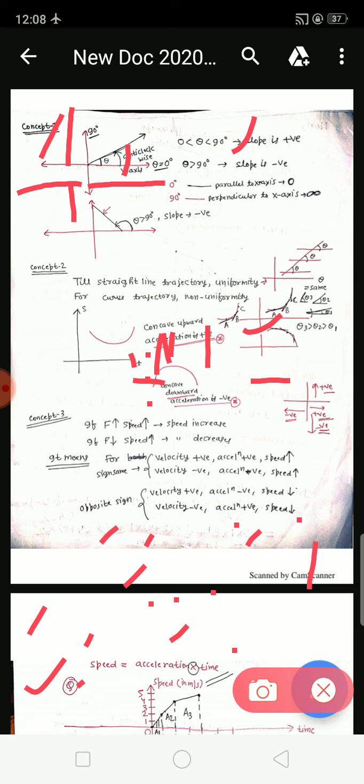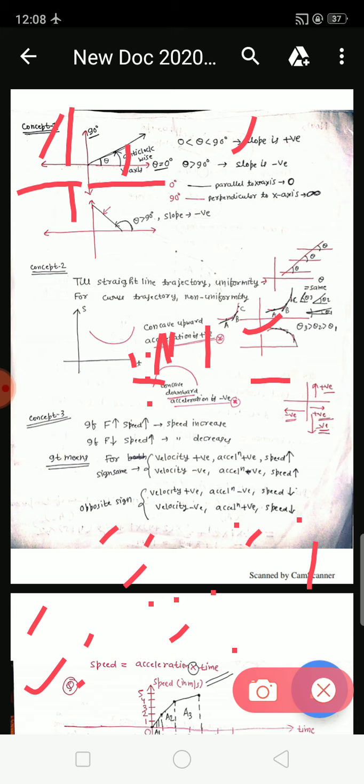If it is a displacement-time graph and you are finding the slope, it means that speed or velocity will be positive if the value of theta is between 0 to 90 degree. The reason is mathematical, from the variation of tan theta, but in physics I won't explain all those things. You need to remember that if theta is between 0 to 90 degree, the slope is positive.